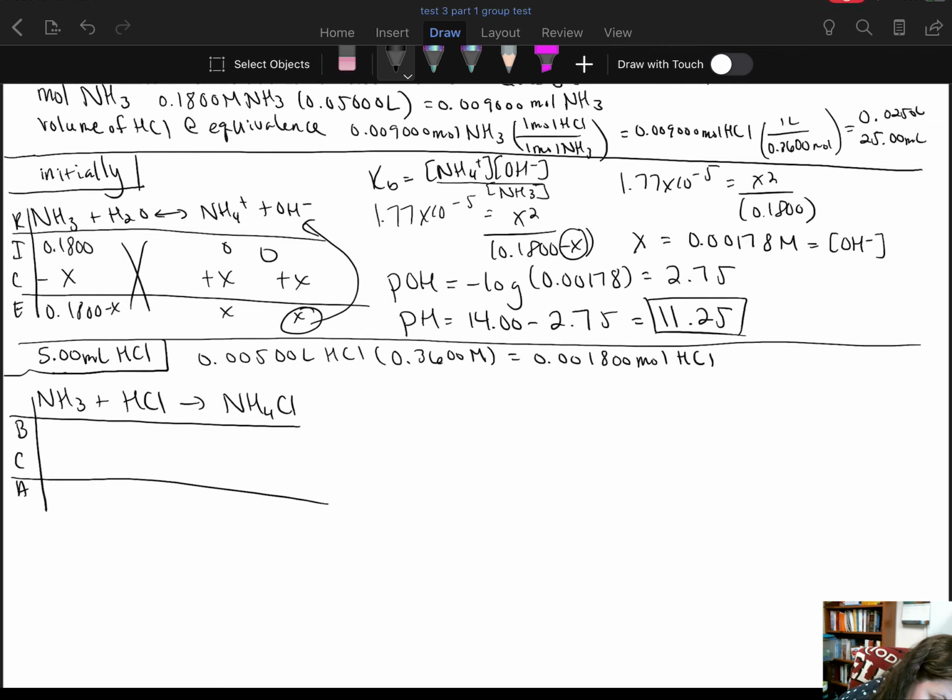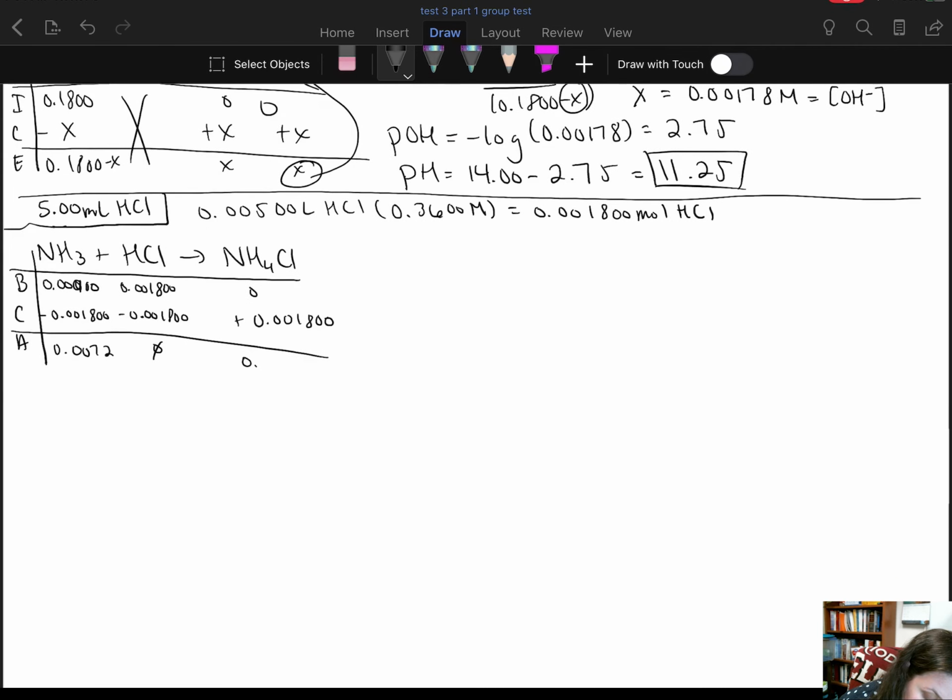So we started out with 0.00900 moles of NH3, and we have 0.00180 moles here, minus our limiting reagent, from our reactants, and add it to our products, giving us 0.0072 moles of NH3, 0 moles of HCl, and 0.00180 moles of NH4Cl.